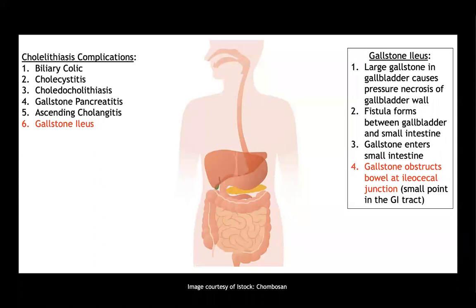And here again, this is also from that lecture. If you have a gallstone that's eroded through the gallbladder wall and into your small intestine, it can travel all the way down to the ileocecal valve, but it'll get stuck there because it's often the smallest point in our intestine.